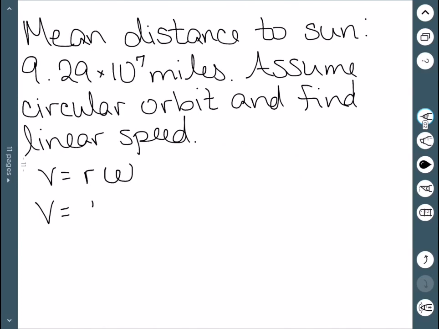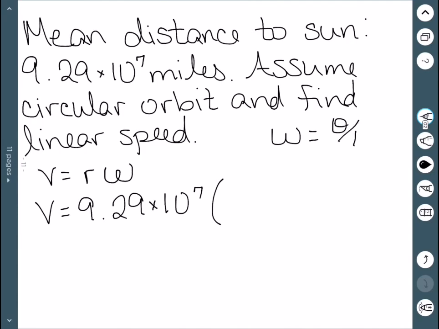And we know the radius because the Sun is at the center and we know how far we are from the center. For omega, we have to consider our angular speed, which was theta over t. If we go around the full circle, it takes us 365 days. So that would be our omega.